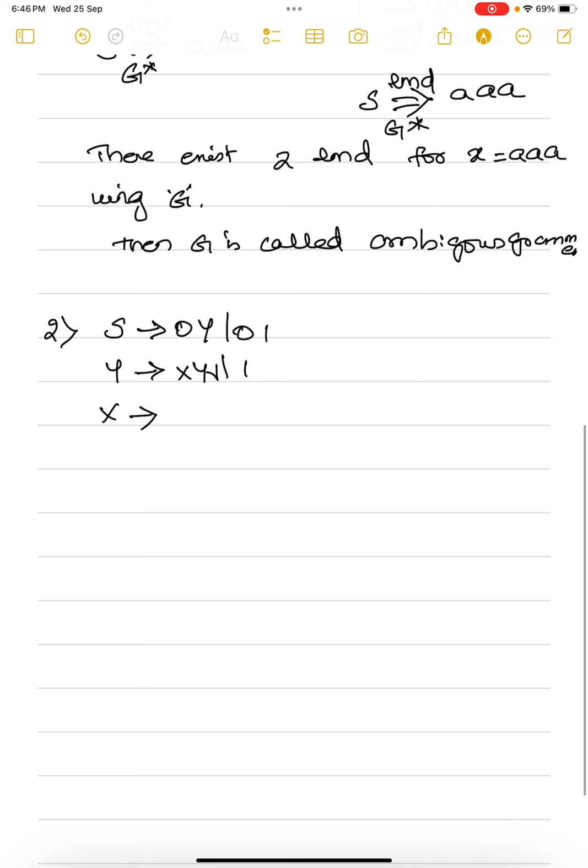X goes to, one second, let me rewrite it correctly: Y goes to XY1 or 1, and X goes to 0XY or 0. Now the string you are going to consider is 000111.